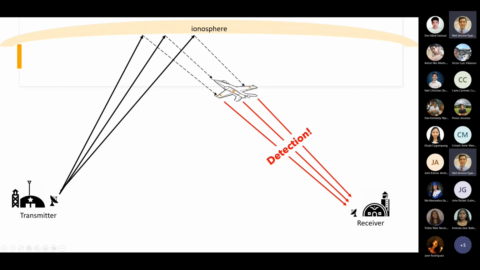So madi-distort yung electromagnetic wave na babalik dun sa receiver on the ground. All right? And then depende dun sa incoming electromagnetic waves galing dito sa pagtama kay plane, kayang i-compute o i-detect nung receiver sa ground na, oh, meron dumaan na plane. Kasi ganito yung na-receive natin na echo o na red signal.